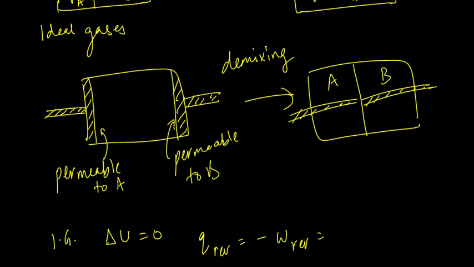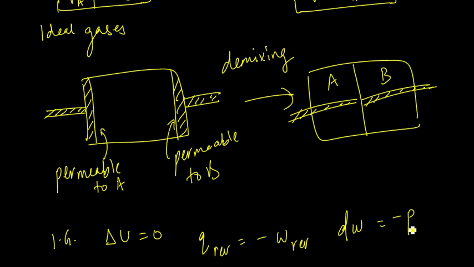See, this fellow is permeable to A, which means this is pushing only gas B. Right? So the pressure that this piston would exert would be only on gas B. And that would cause a change in volume of gas B. So dW would be equal to minus of P. The same on the other side.